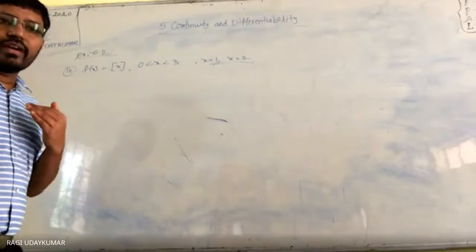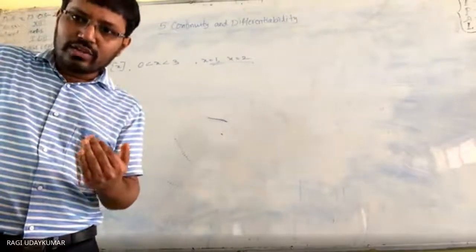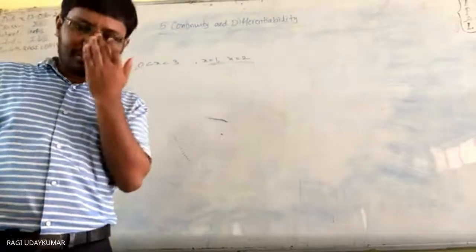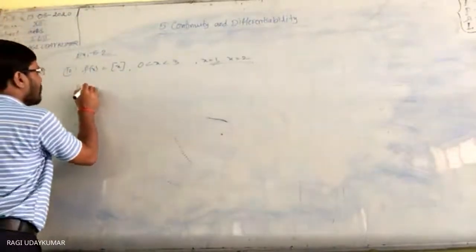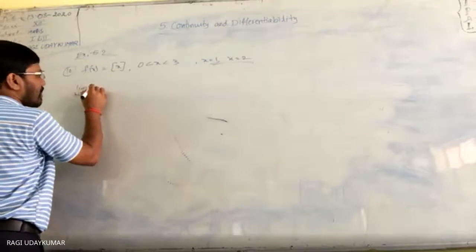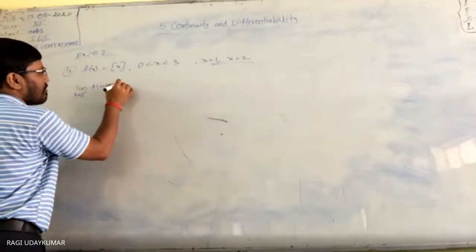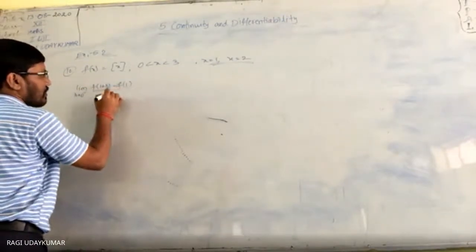Okay. Whenever you take it here also, you should check the left hand limit and the right hand limit. So let us go a little bit faster. Limit h tends to 0 minus of f of 1 plus h by h.